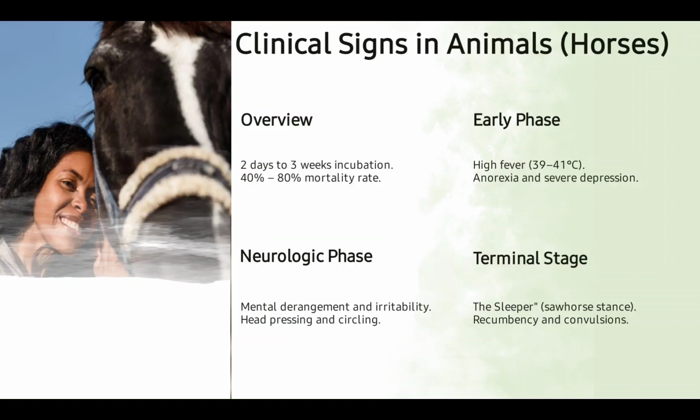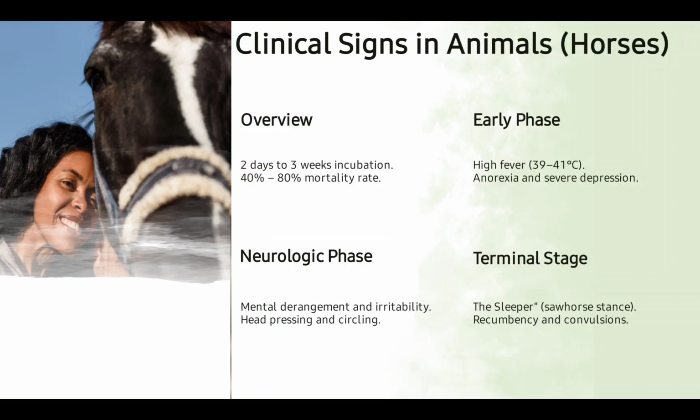In our equine patients, the incubation period is 2 days to 3 weeks. The early phase presents with a high fever of 39 to 41 degrees Celsius, anorexia, and profound depression.